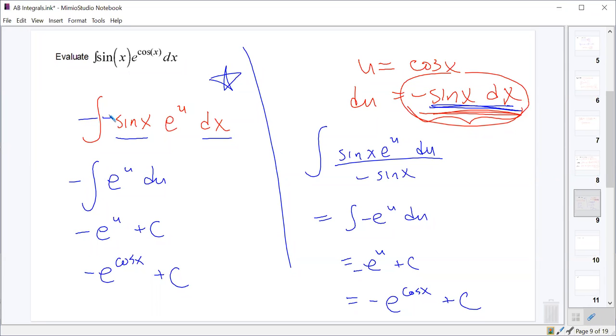I see. So I multiply by -1 and I multiply by -1. This -1 disappeared with the negative sine x dx to become the du, and this negative sign stayed. Good or no? Yeah, that makes sense. Okay.